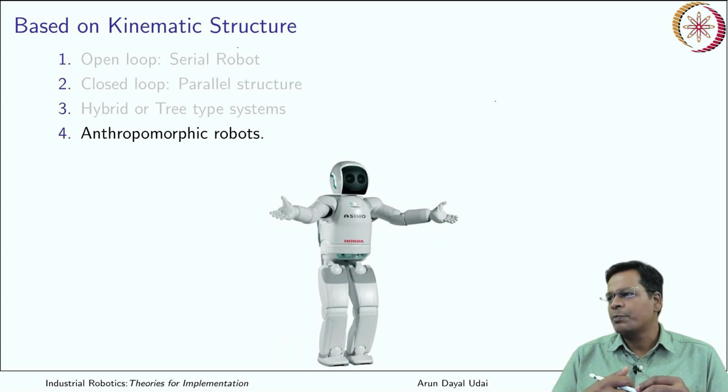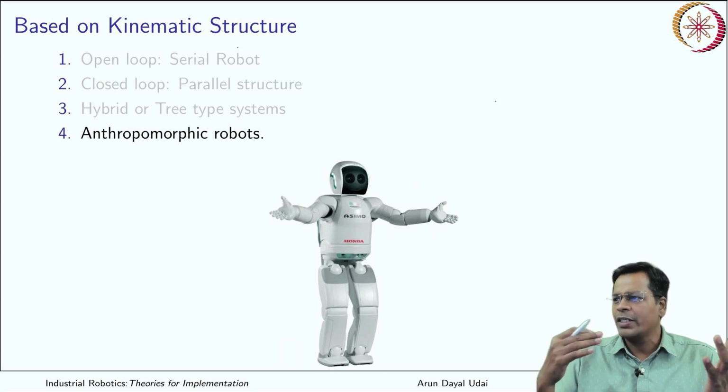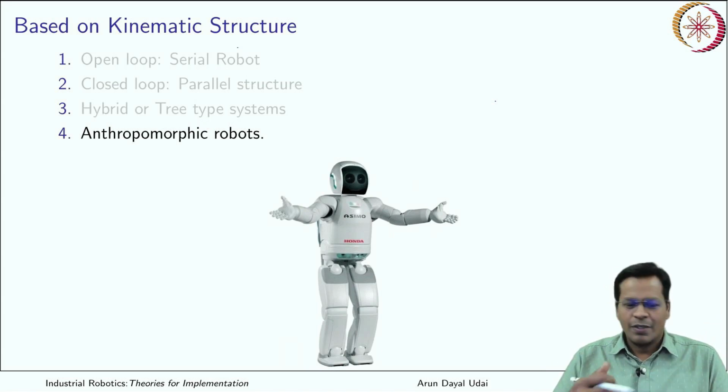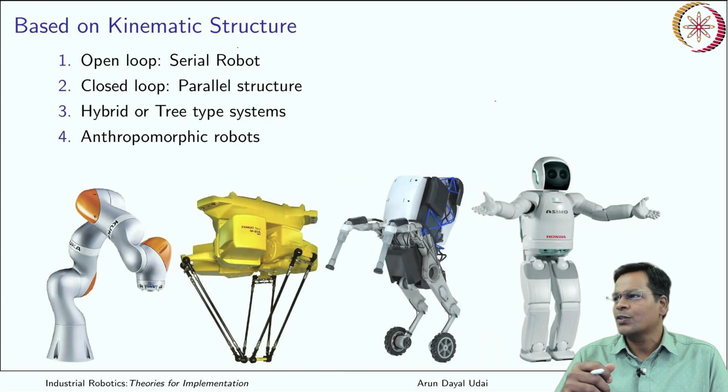It has various types of sensors, it has arms very similar to your arm. Possibly it can be programmed for anything, but actually it is not, right? There are always limits. So all together it goes like this. This is based on the kinematic structure of the robot.